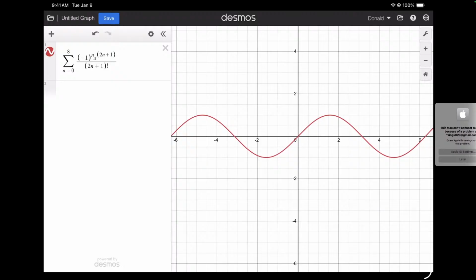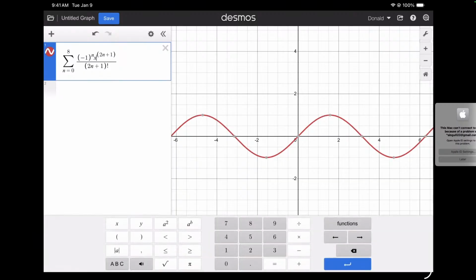But the problem is, what if I change the x to move to a different center? That's why we have a different center. Let's say the center is at pi over 3 or pi over 4. How do I do that? I change this x right here. I put a parenthesis in front of x and a parenthesis after, so you translate the x.